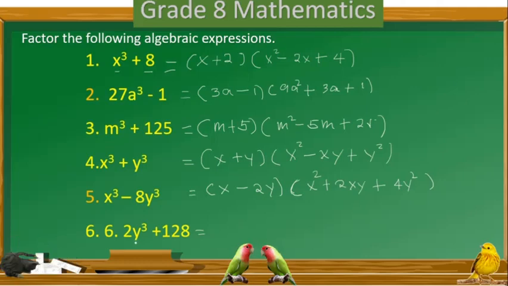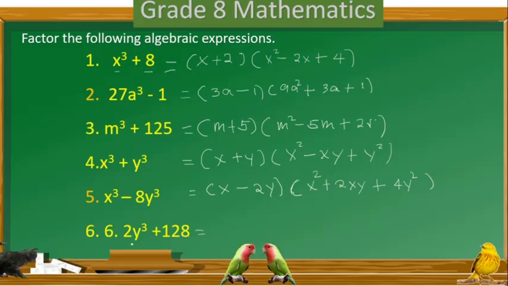And the last one is 2y cubed plus 128. So as you can see, we could not find the cube root of 2y cubed. We can find the cube root of y cubed, but for 128, there's none. So we have to find the factor of these two using the monomial factoring method. So for this, our variable y is not common to these two terms.